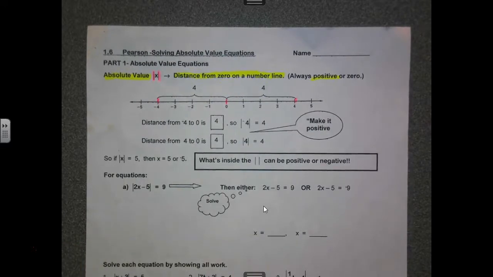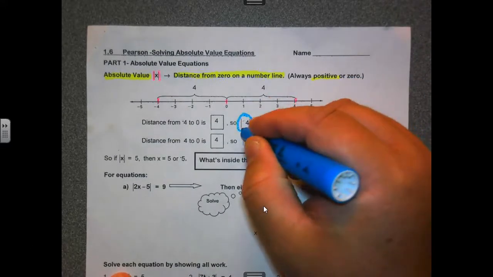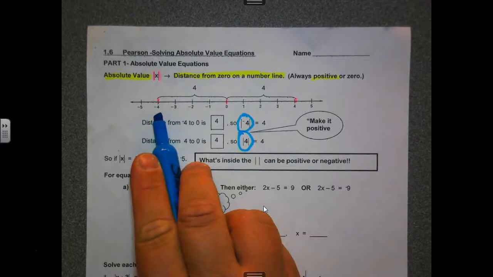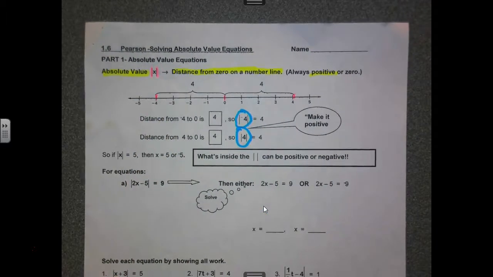I'll say it again. In order for us to drop the absolute value symbols, we have 2 cases to consider. What's inside can be a -4, right? I can end up at -4, or what's inside can be +4. So whenever you see the absolute value symbols, know you're going to have 2 problems to solve, period.